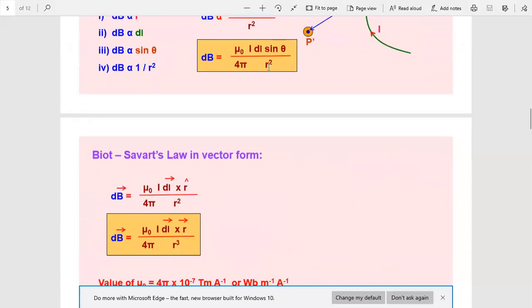So now a vector form of Biot-Savart law, as we have derived: mu naught upon 4 pi I dl sin theta upon r squared. So mu naught upon 4 pi is a constant. Now we take the non-constant part of this expression, say I dl sin theta.